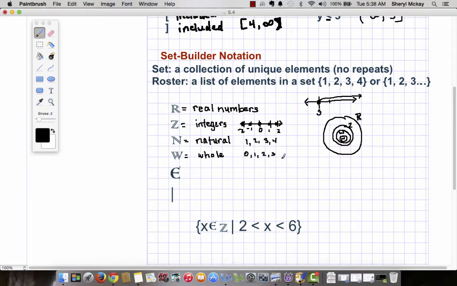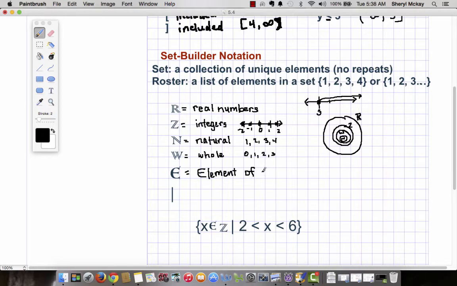Okay, now this E that you'll often see written like this means element of. So we'll see that E that basically says this variable is an element of a certain set.